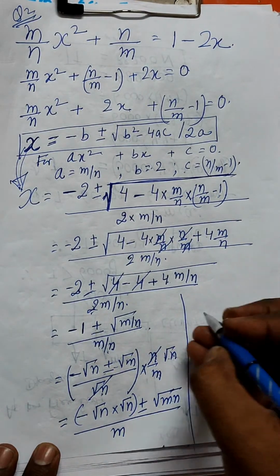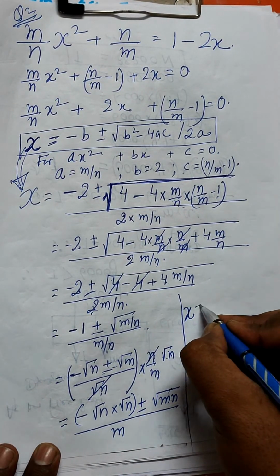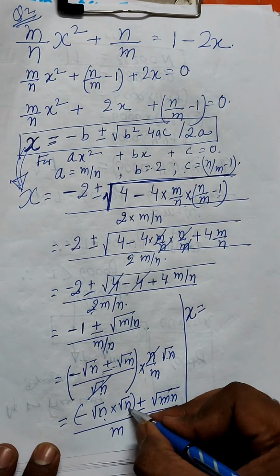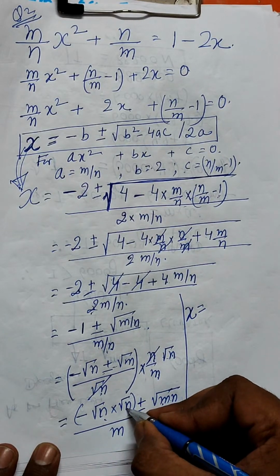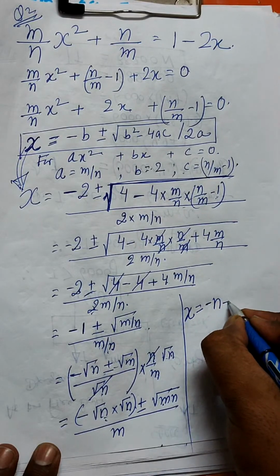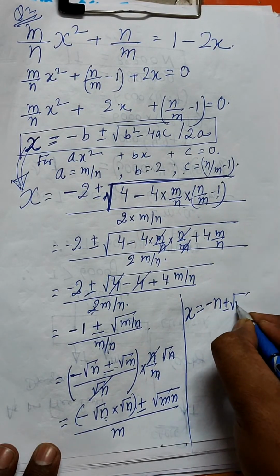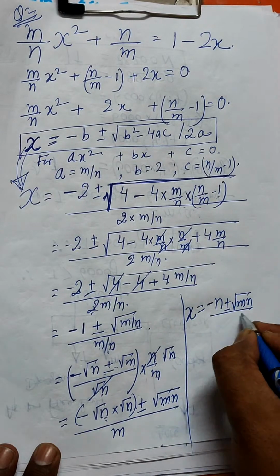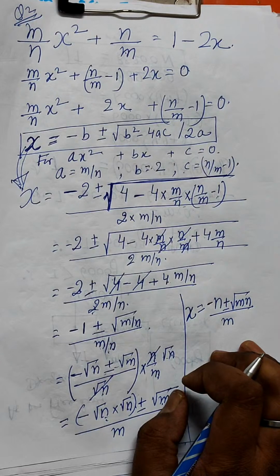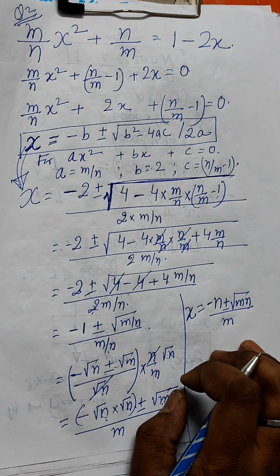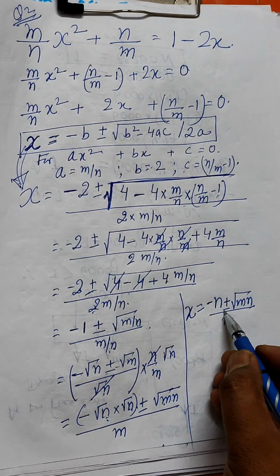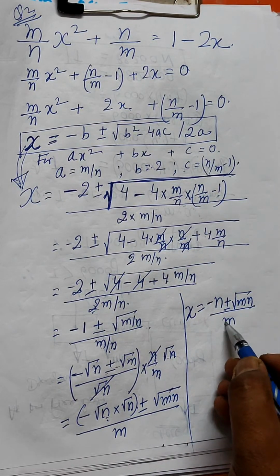So this will give you the value of x as, you can see, minus root n into root n. This will give you n minus n plus minus root mn by m, right? So we have derived the final values, that is minus n plus minus root mn by m.